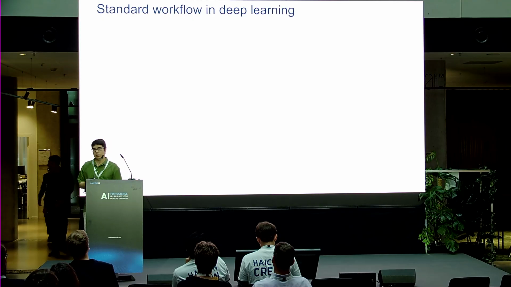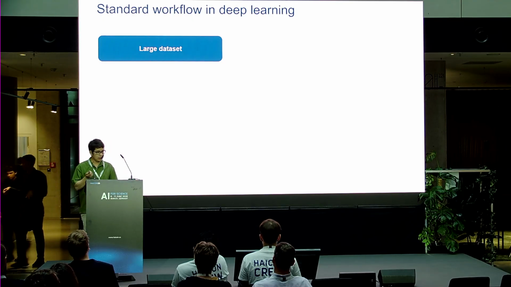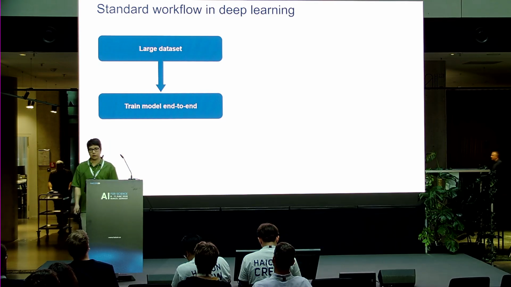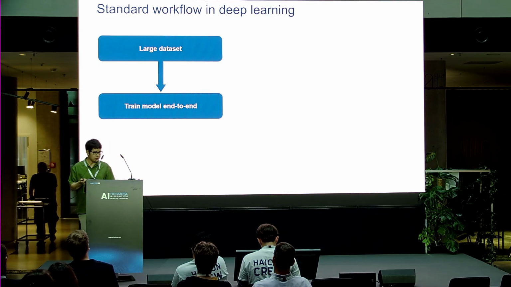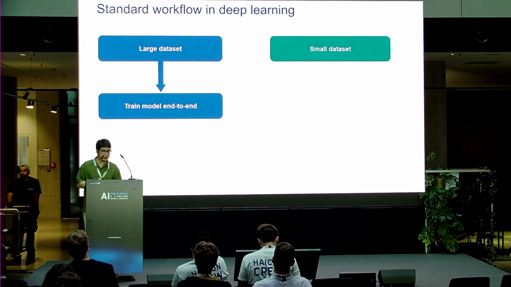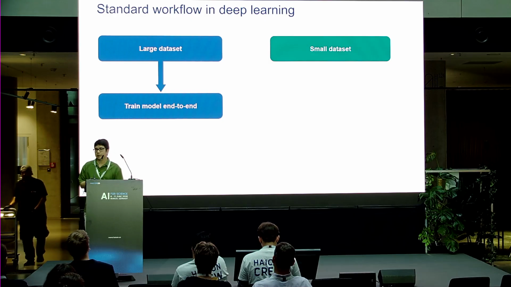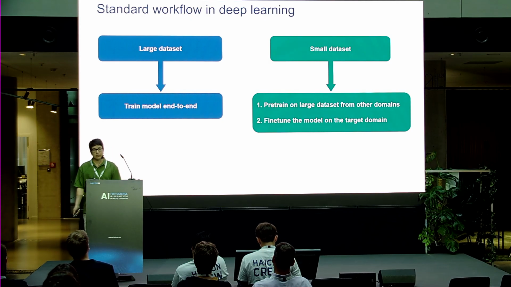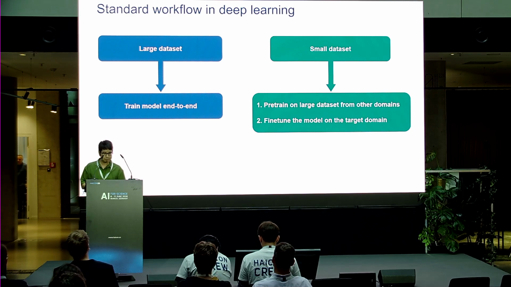So as we all know, the standard workflow in deep learning is if you have a large data set, you train your model end-to-end, and you get a decent performance. But if you have a small data set, similar to what our previous speaker, Simon, talked about, you pre-train your model on a large data set from another domain, and then you fine-tune this on your own domain.